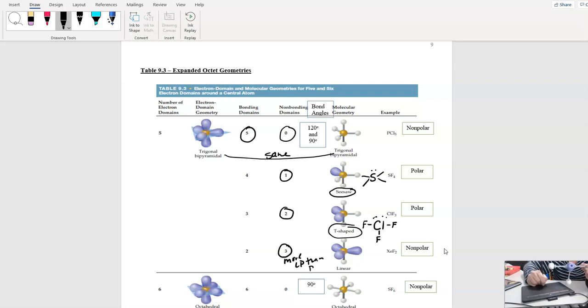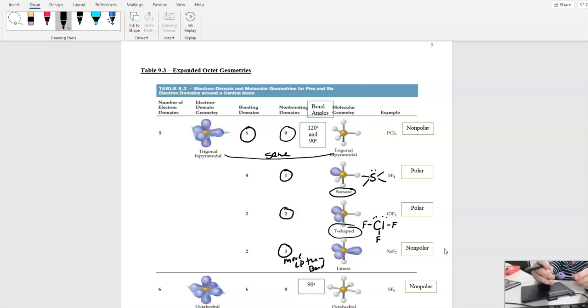And if we still want to take another bond off, now you have more lone pairs than bonds. And that can happen. So take another one off. Oops, I meant to take the other one off. There we go. And look right there. Lone pair, lone pair, lone pair. What's it going to look like? There's Mr. Linear.